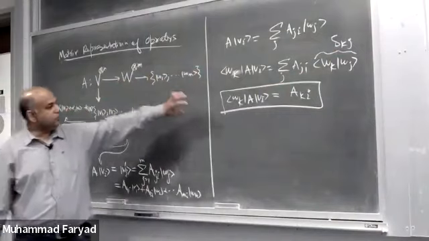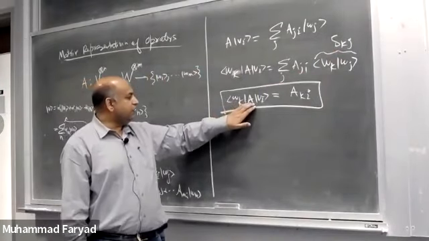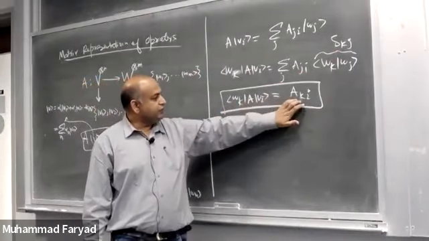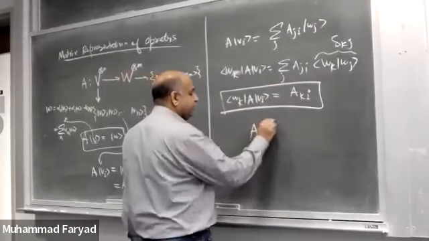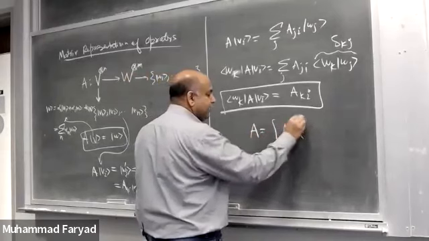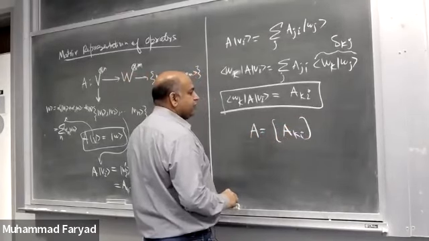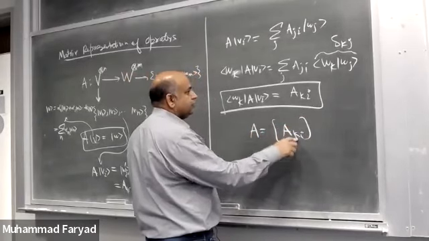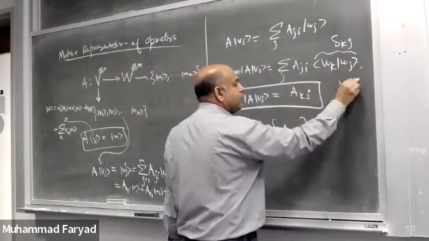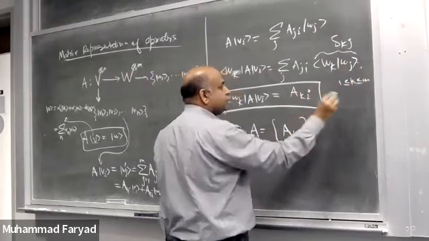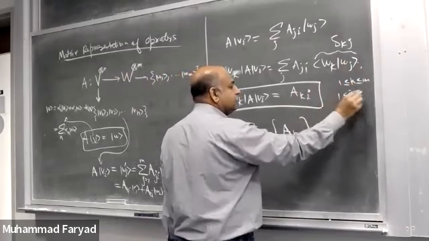So this is now the relationship of our operator with the elements of a matrix, because I can construct a matrix A with elements a ki, where k goes from 1 to m and i goes from 1 to n.